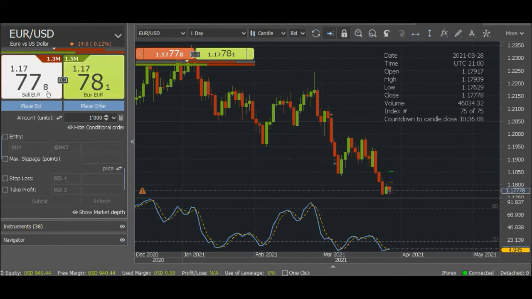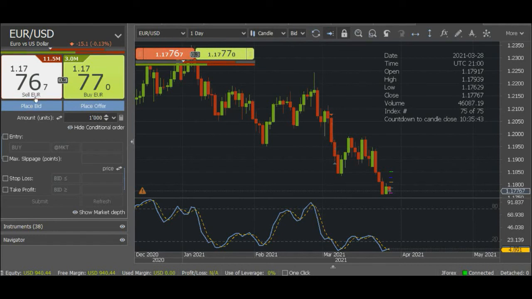This is the bid price, and 1.1776 is the ask price. The difference between bid and ask is 0.192. It's a fluctuating spread. Some brokerages use a constant spread, where the spread is always equal. It won't fluctuate. But in this brokerage it will fluctuate.